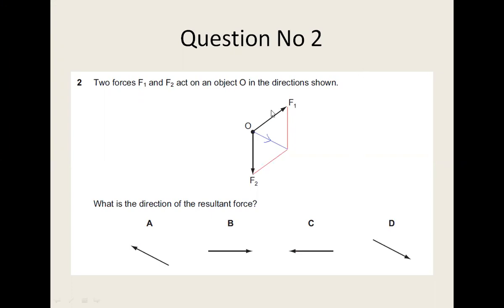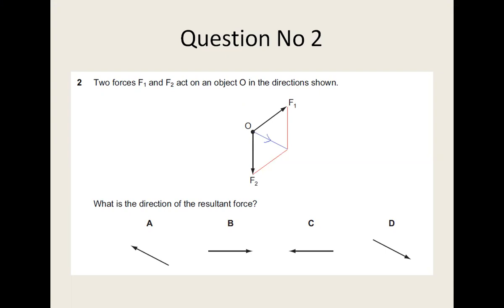So OF1 parallel to this, I draw a line here. And OF2 parallel to this, I draw a line here. So I complete this parallelogram. Then from where the tails were joined, I join it with the opposite corner of the parallelogram. And that blue line is my resultant. So this is how you find the resultant of two vectors with the help of the parallelogram law.